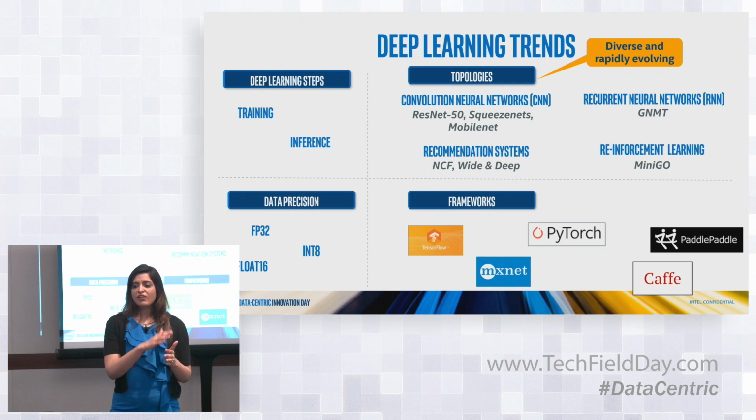But now we've definitely had a lot more focus and emphasis on recommendation systems, language translation, and all of that as well. And of course, going forward, reinforcement learning and other aspects. Those are the trends that we've been watching, and a lot of our processor support is based on those. And of course, we'll talk about the different frameworks as we go through it: the different frameworks that we optimize with are TensorFlow, MXNet, PyTorch, and all of that.